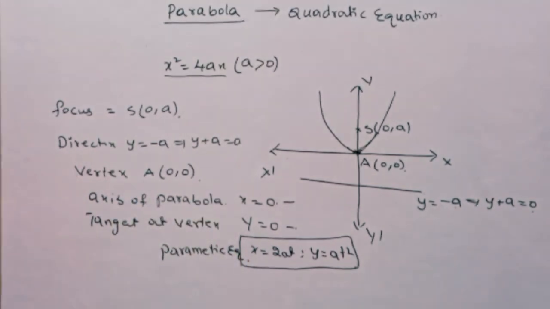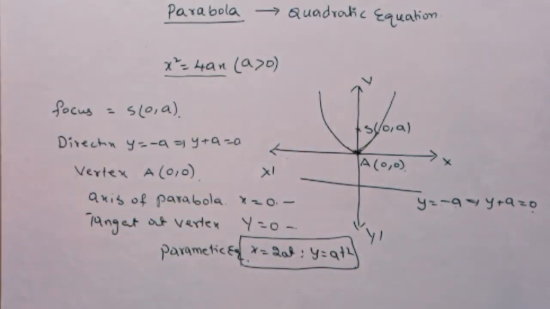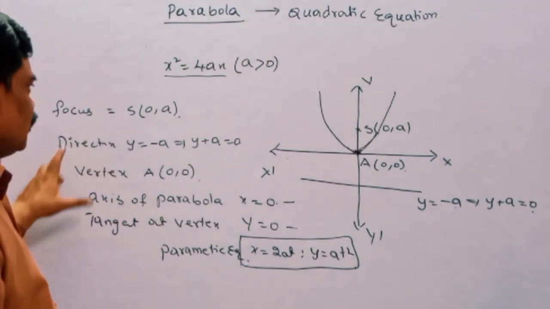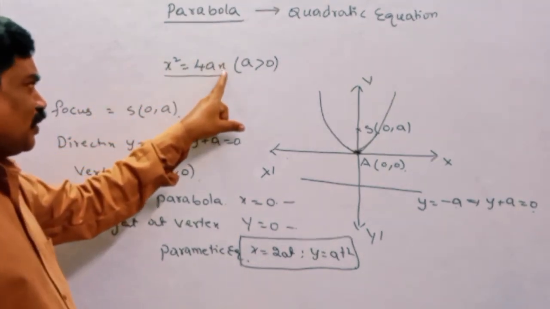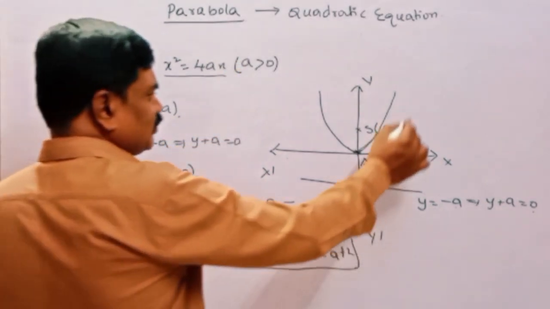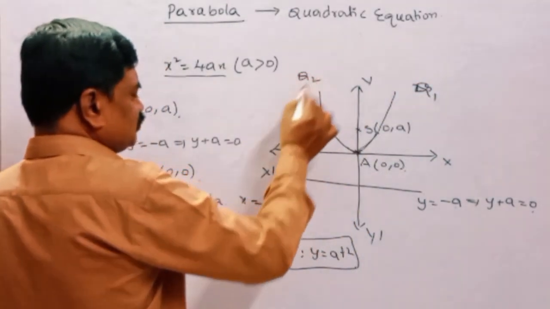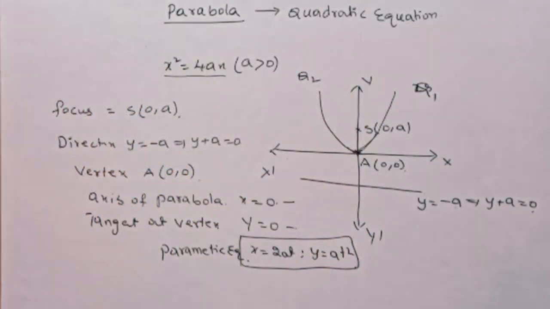These are the parametric equations of the parabola. So this is x square is equal to 4ay, a greater than 0. This curve is in the first quadrant, Q1 and Q2. Okay, all of you. That's all.